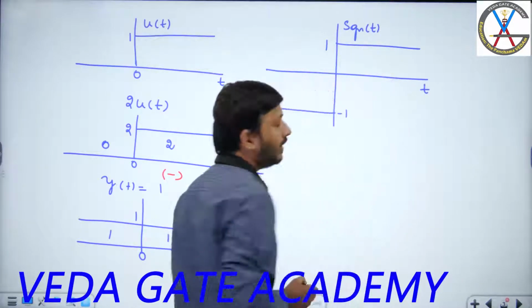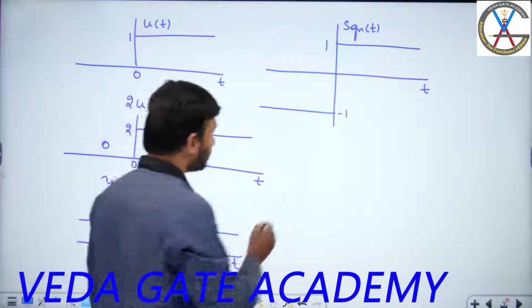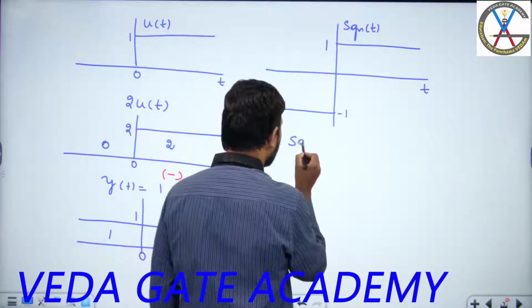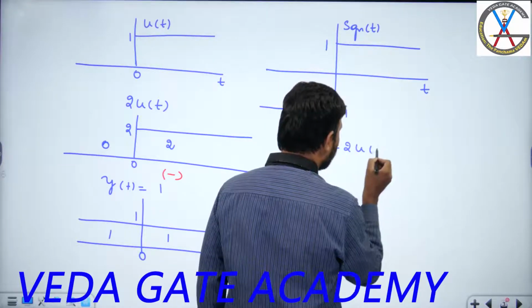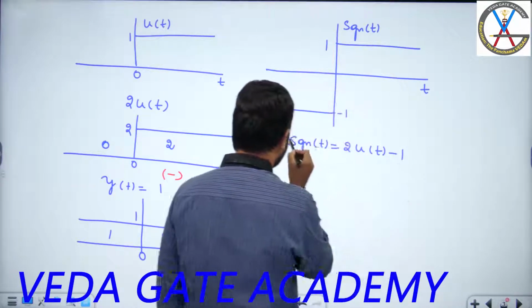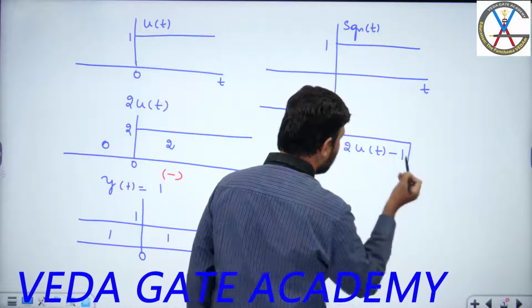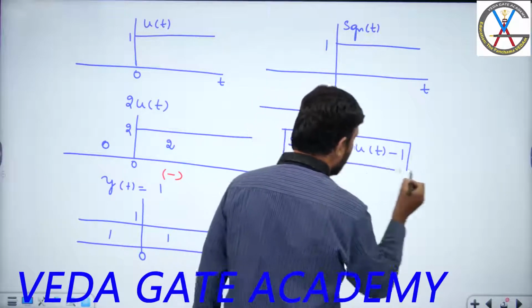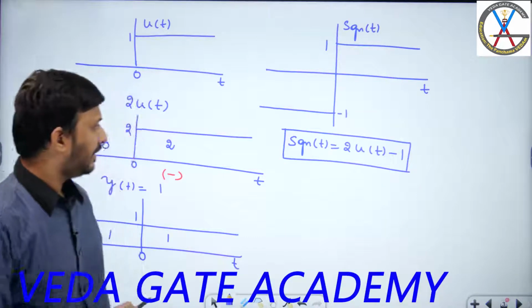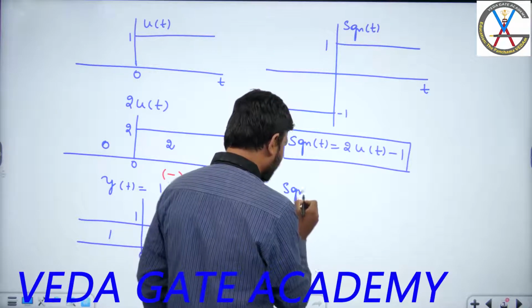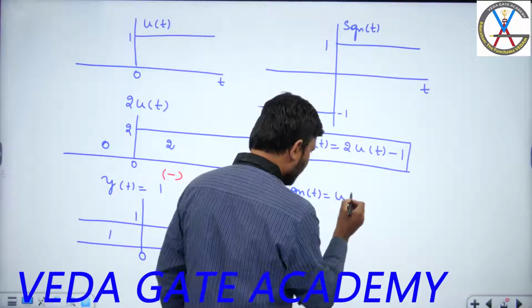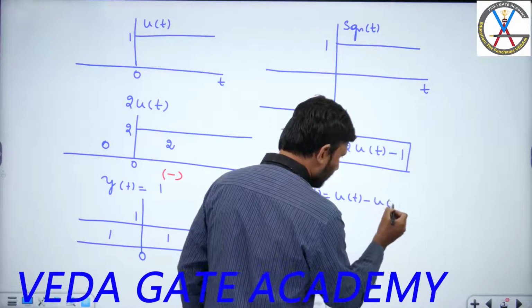The signum function can also be written as 2u of t minus 1. So what is the other way of writing signum t? U of t minus u of minus t.